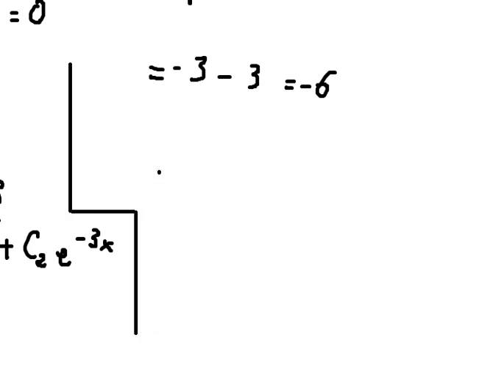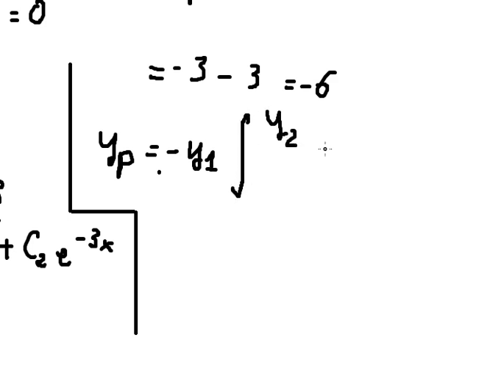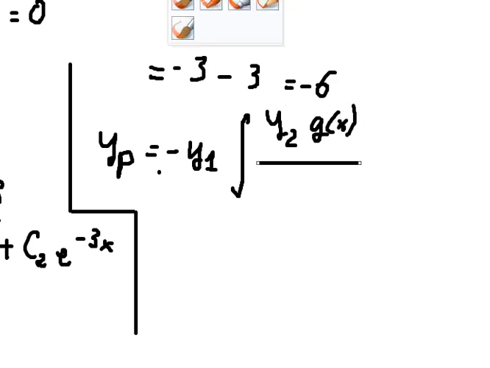Now, in this situation, we need to find the particular solution. So we have negative y number 1, and we have the integration of y number 2 gs over the Wronskian of y number 1 and y number 2.